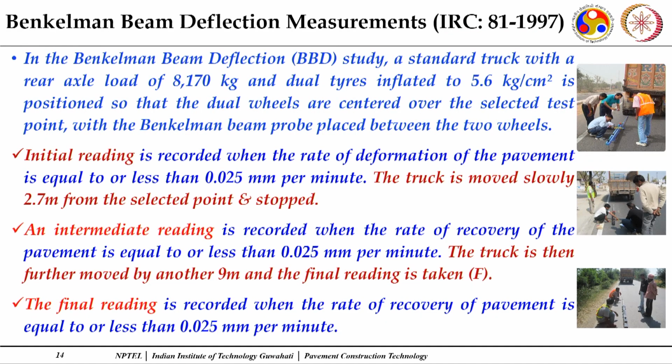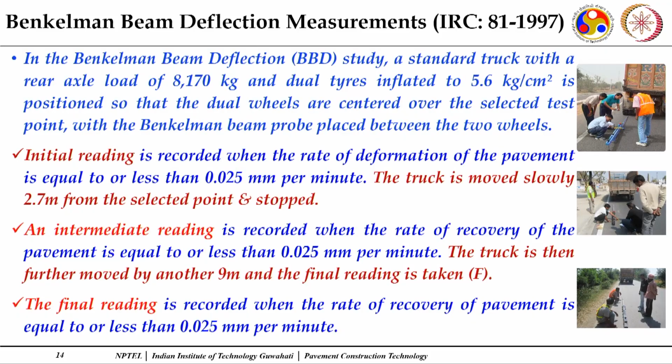Now, the temperature is determined, and you can measure it every hour. For the seasonal correction, the subgrade moisture correction, you need to work out test pits, preferably every 1 kilometer.